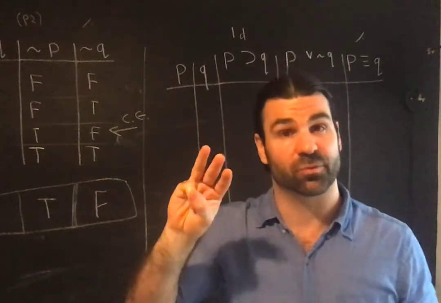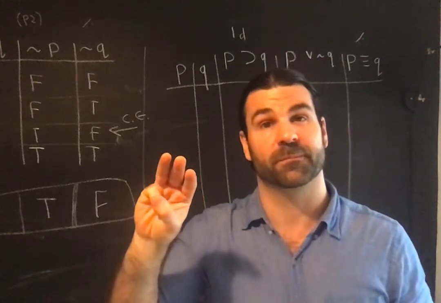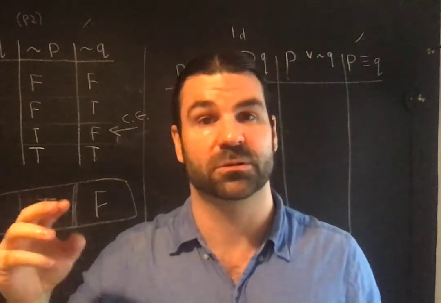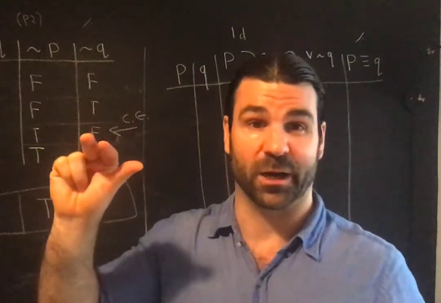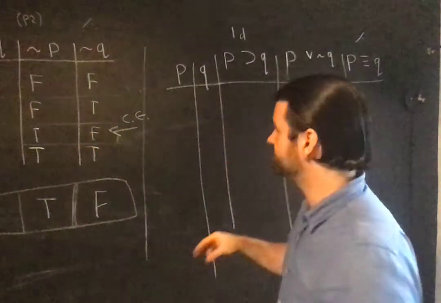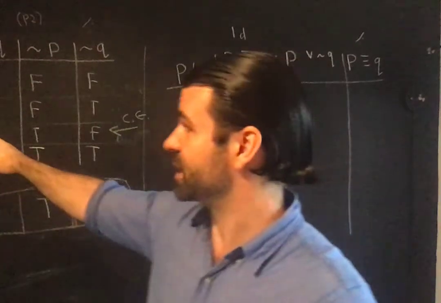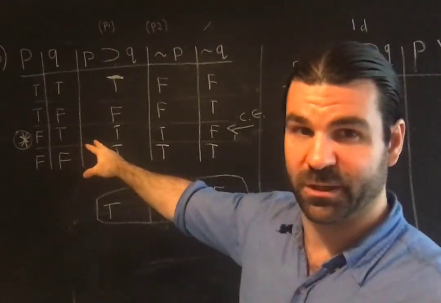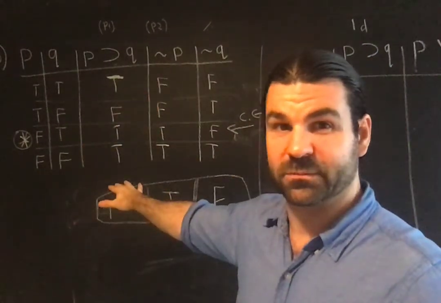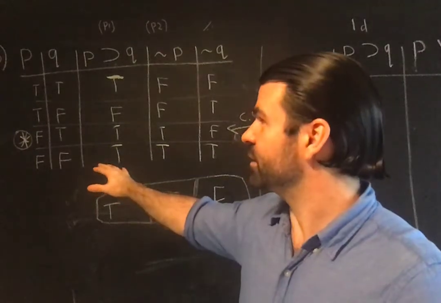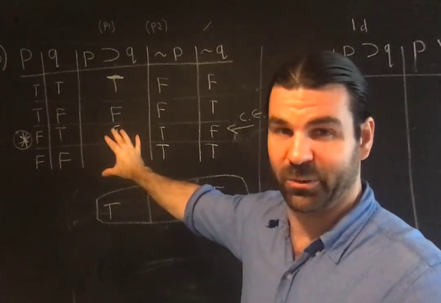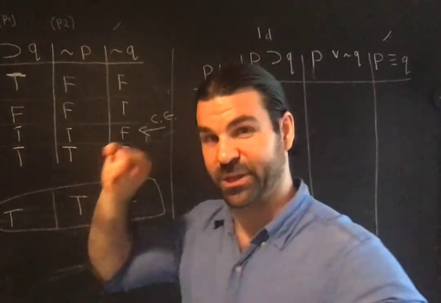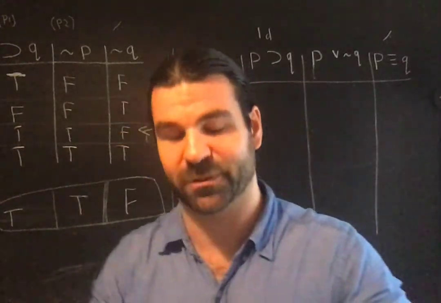Of course, if you have 3 sentential variables, you need how many? 8 rows to exhaust all the possible combinations. If you have P, Q, and R, it would go P, Q, R, with all of that when R is true and all of that when R is false. The R column would be true, false, true, false, true, false, true, false.